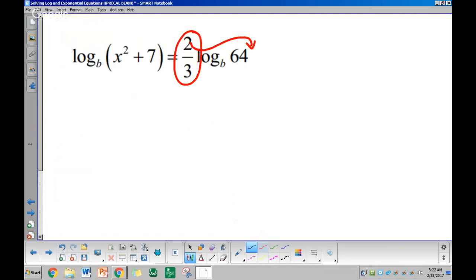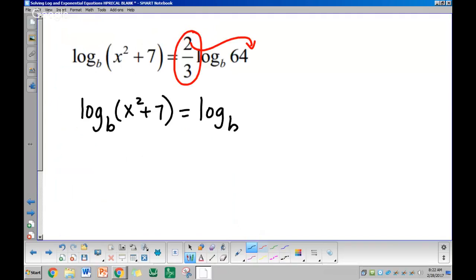And so we get log base b of x squared plus 7 equals log base b of 64 to the 2/3. What is 64 to the 2/3? You can take the cube root of 64, which is 4, and then square it and get 16.